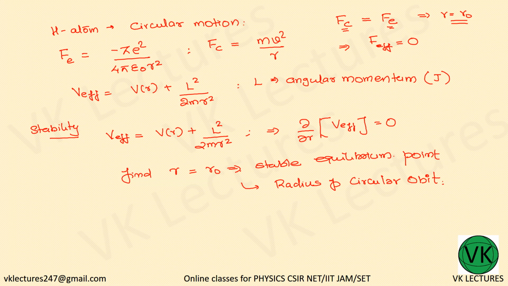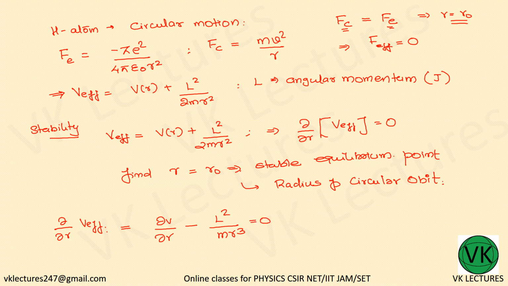Now, we have to take the partial derivative of V effective, which gives us dou V by dou r minus L square divided by m r cube equal to 0.